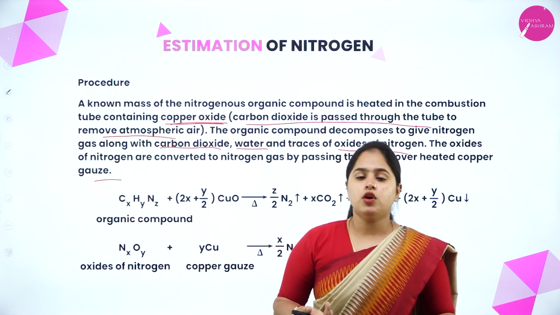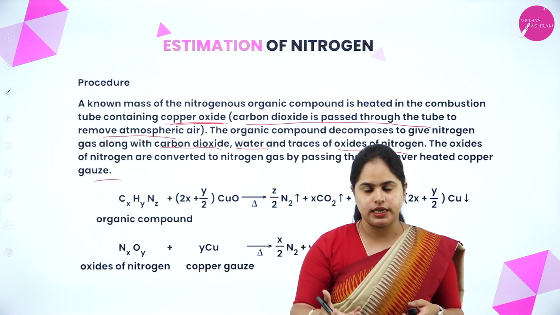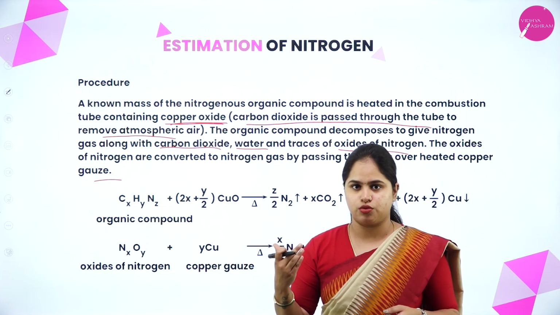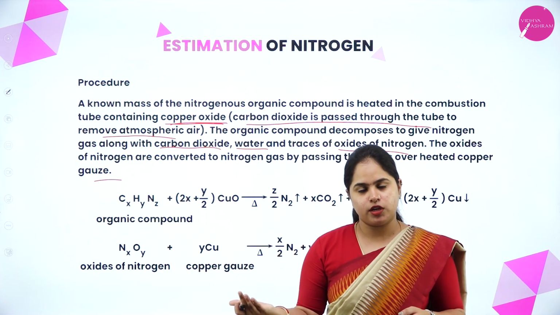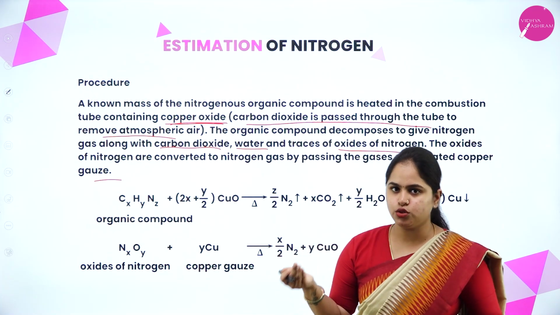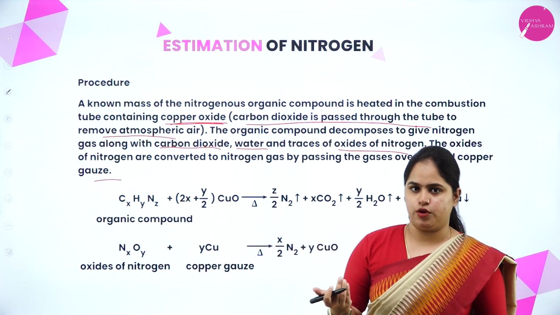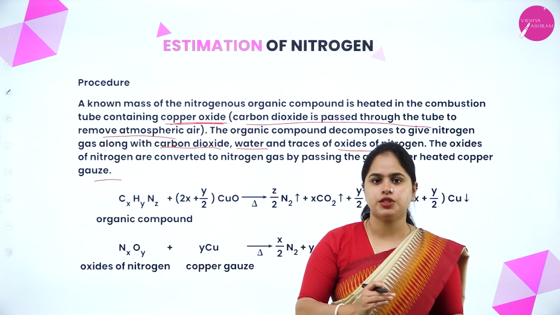So overall, when we react the organic compound with copper oxide and carbon dioxide is also passed through the tube, carbon gets converted into carbon dioxide, hydrogen gets converted into water, and nitrogen gets converted into nitrogen gas, and some nitrogen oxides will also be produced. What do we do to convert these nitrogen oxides into nitrogen?